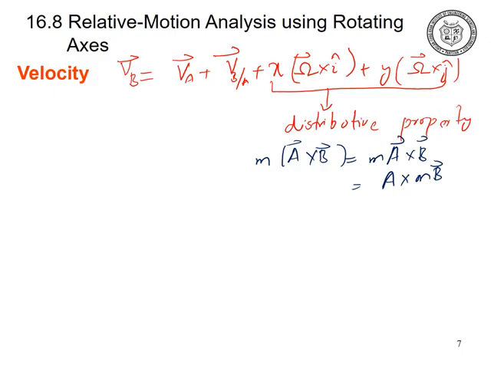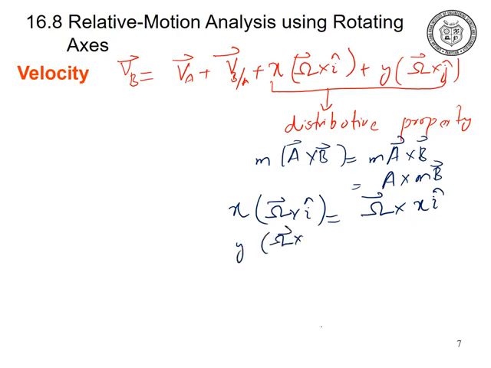If you have any constant which has to be multiplied with the cross product of two vectors, it can be the constant times the first vector crossed with the second vector, or the first vector crossed with the constant times the second vector. This is your distributive property. So by using it, we can write x times omega cross I as omega cross xi. Similarly, y times omega cross j equals omega cross yj.